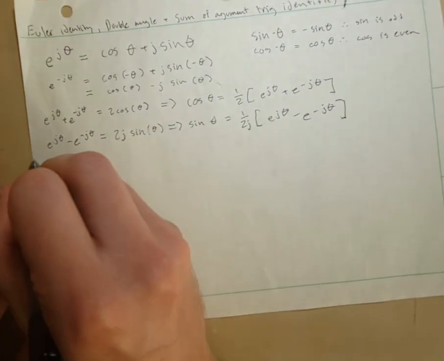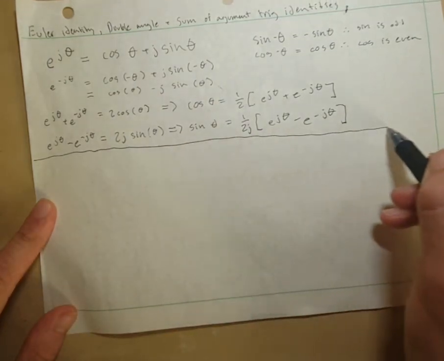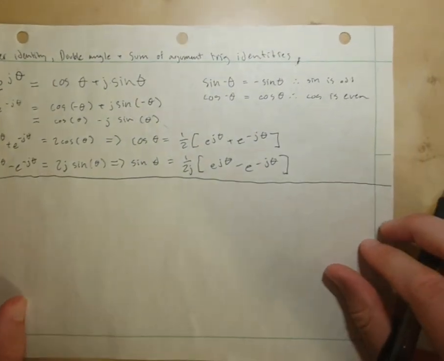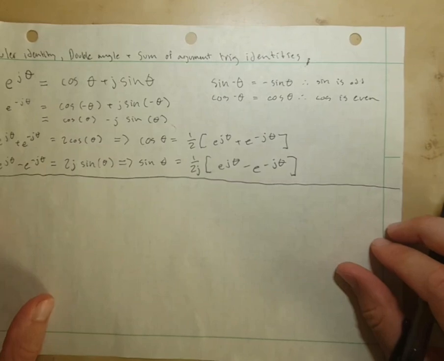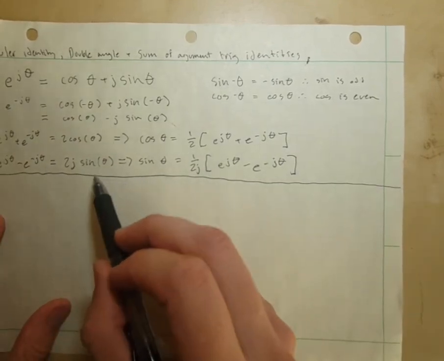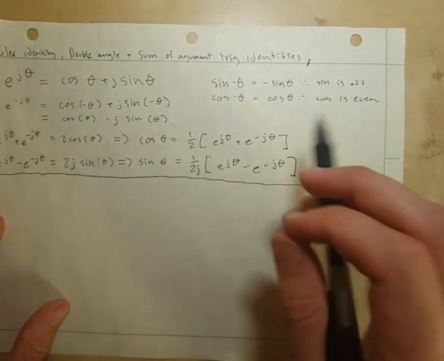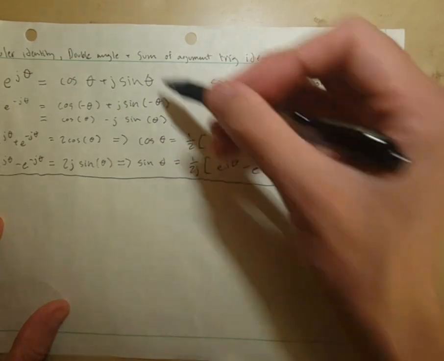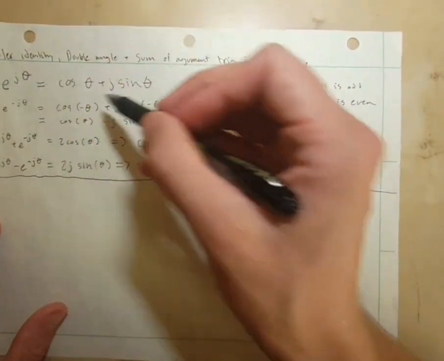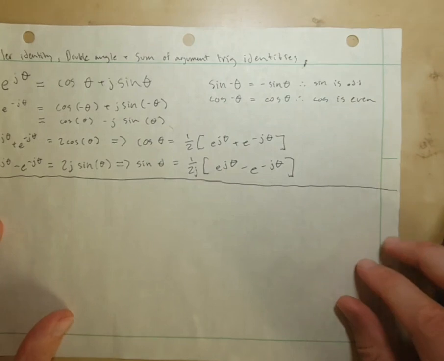So with that basis in mind, that's a little bit of background on this Euler identity idea and why it's so important, and how you can derive sine of theta and cosine of theta in terms of this complex relation, as well as just understanding what that relationship is to begin with.